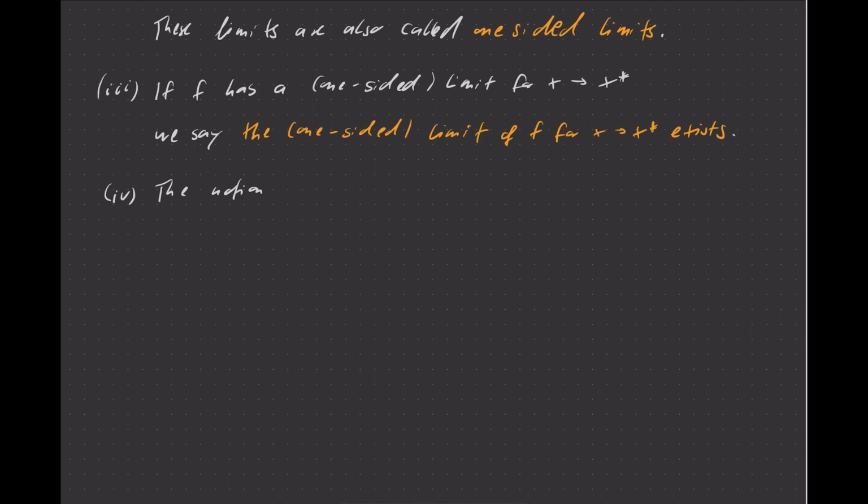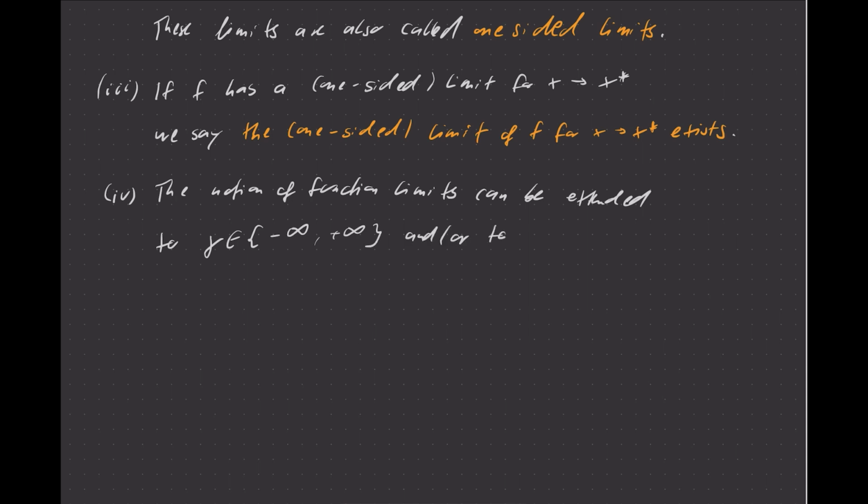So the notion of function limits can be extended to either gamma in minus infinity plus infinity, one of these two, and or to x star in minus infinity plus infinity.